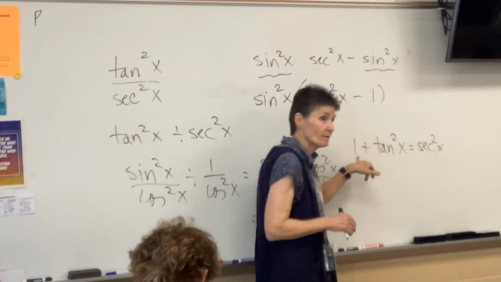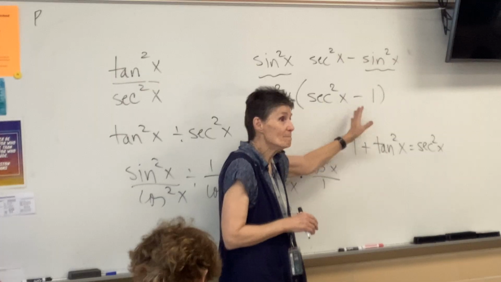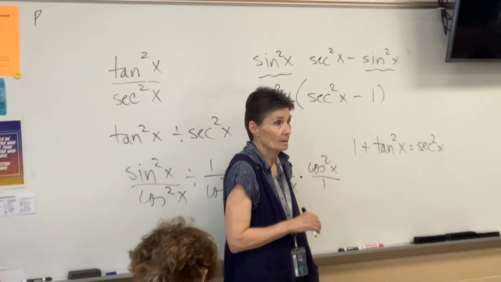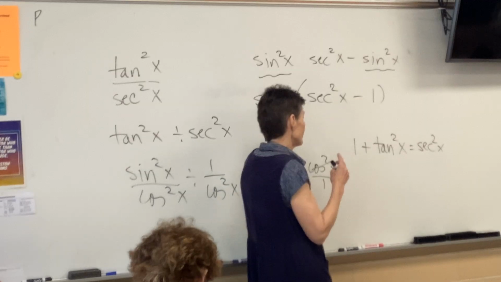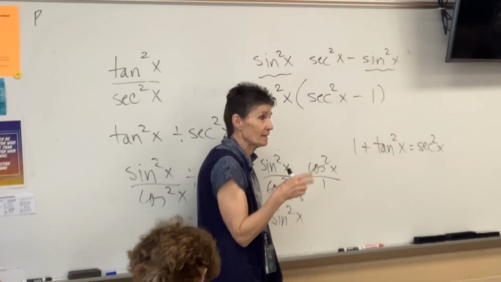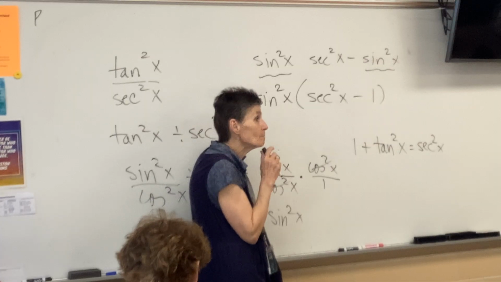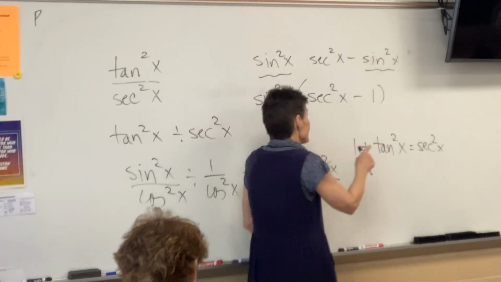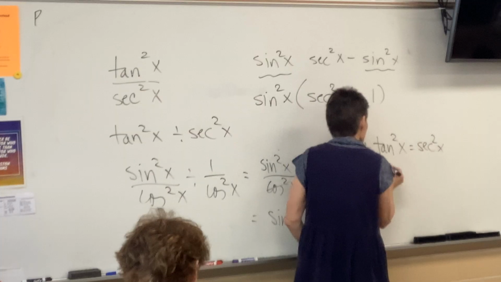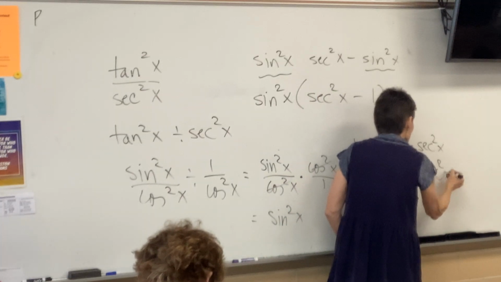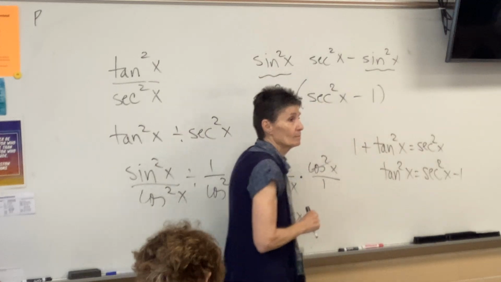There's a secant squared and a 1. So I immediately thought about what was on my sheet. Now what do you think I can do here? Secant squared minus 1 equals tangent squared.